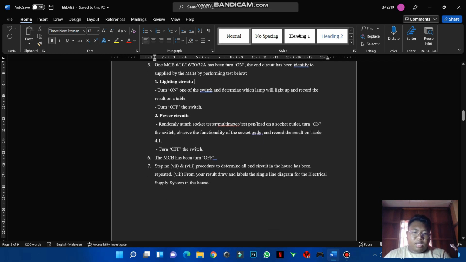And next, the MCB has been turned off. The procedure to determine all end circuits in the house has been repeated. From the results below, we can draw and label the single line diagram for the electrical supply system in our house.